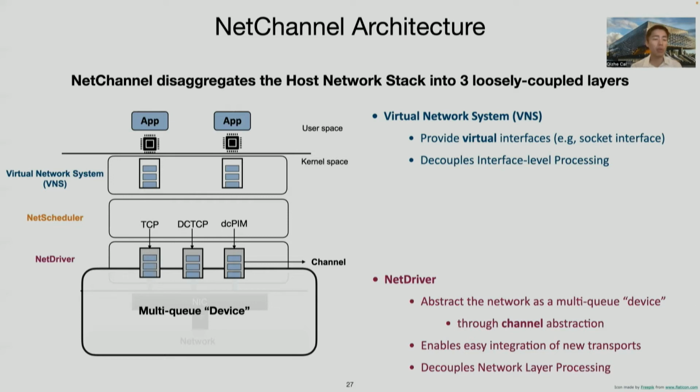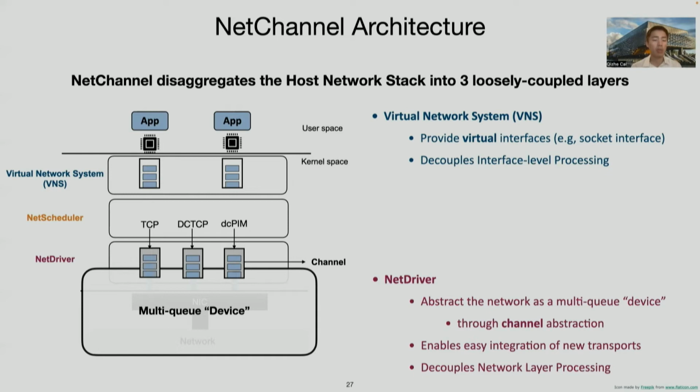Let's now look at the bottommost layer, the NetDriver layer. This layer abstracts away the network and the remote server as a multi-queue device. The queues of this device are channels, and this is the abstraction that's provided to the upper layers. Each channel is an independent pipe of an underlying network transport. For example, with TCP, each channel would correspond to a single TCP connection.